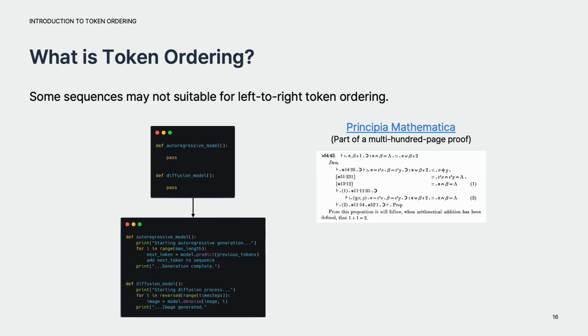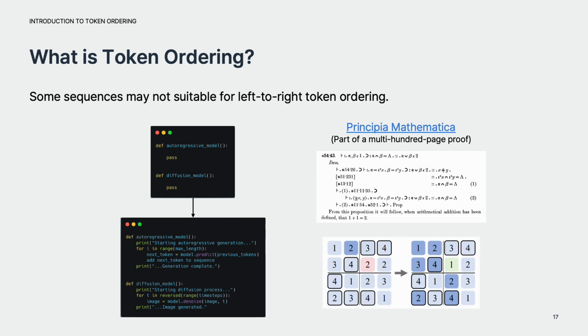Speaking from personal experience, when I prove mathematical theorems, I do not necessarily proceed from the beginning to the end, but rather go back and forth. And I believe many people do not prove mathematics strictly left to right either. Also, when solving puzzles like Sudoku, we never fill in the blanks strictly left to right in order.